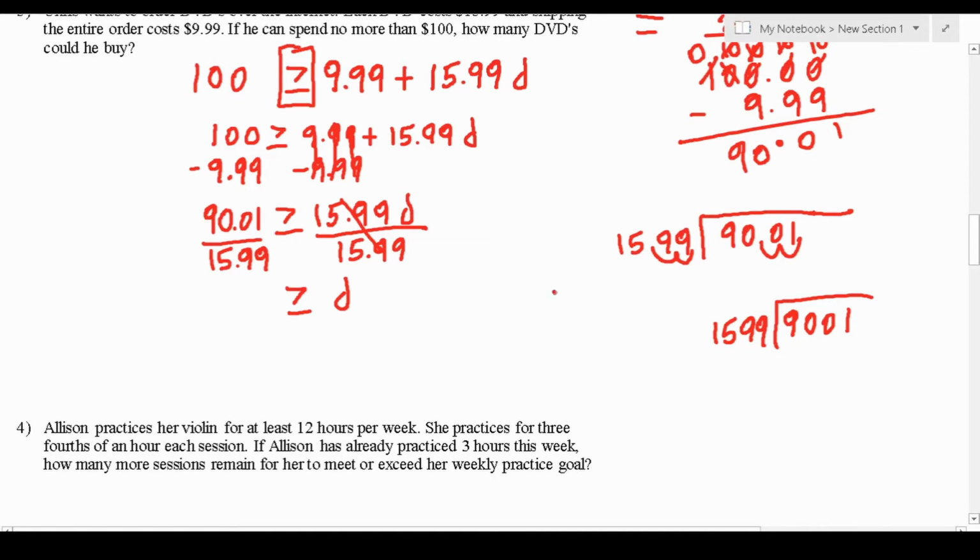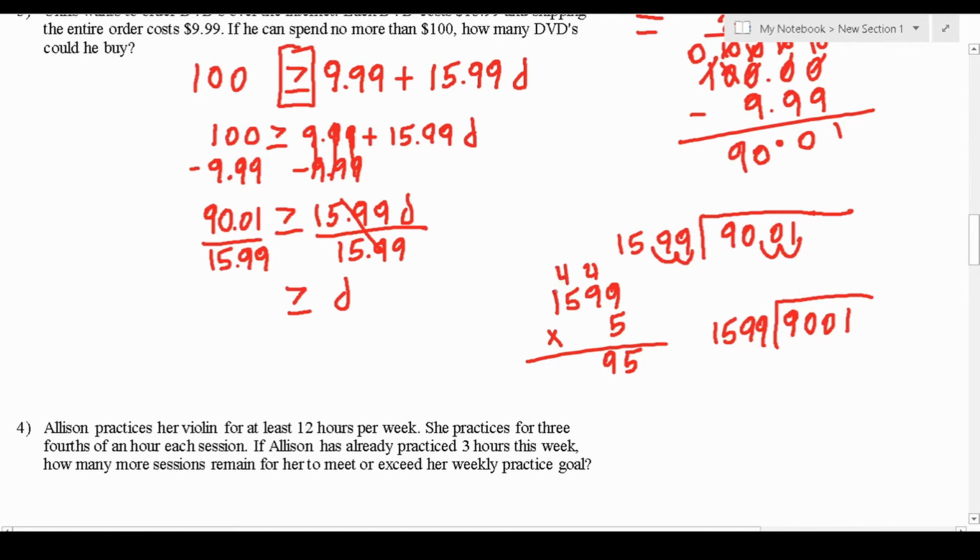So we're going to do 1599 times 5. 5 times 9, of course, is 45. So 5 goes here. We carry the 4. 9 times 5 is 45, plus 4 is 49.